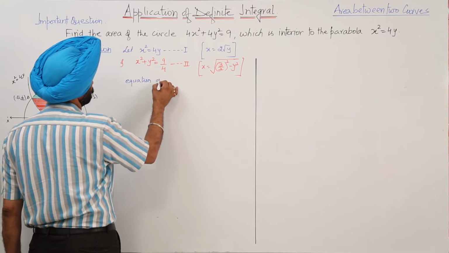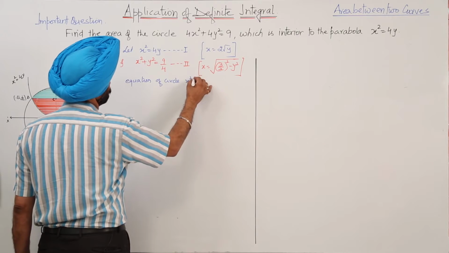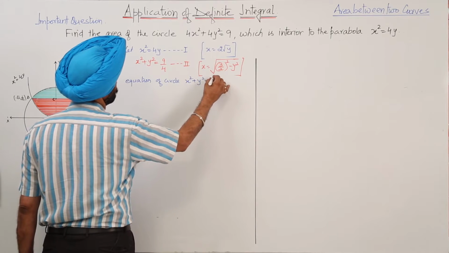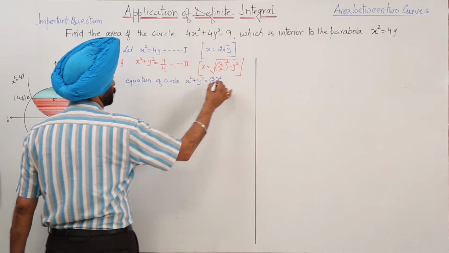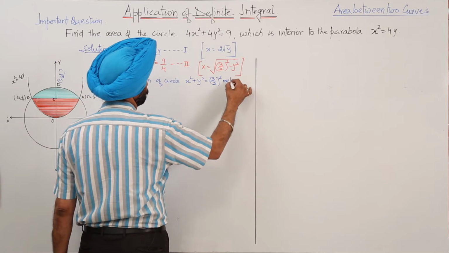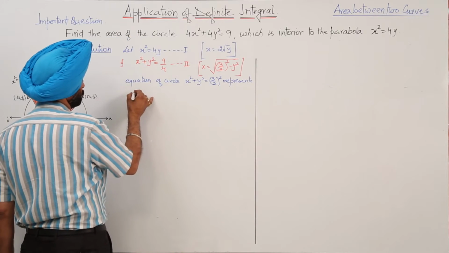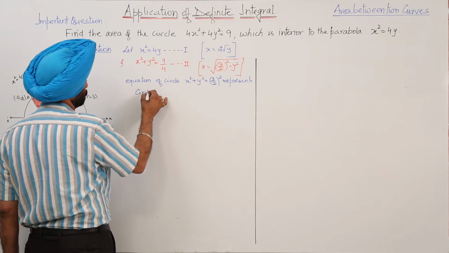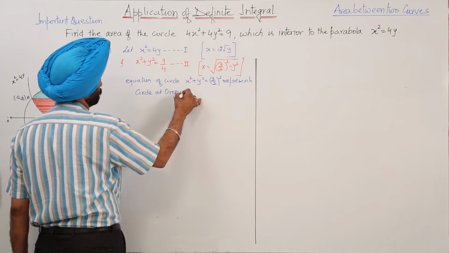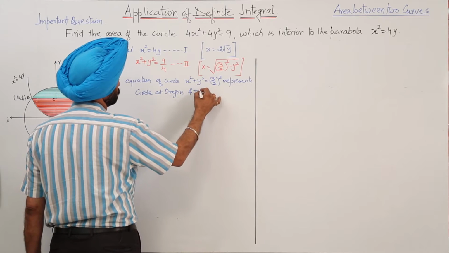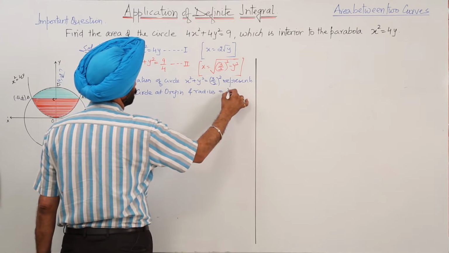Equation of circle x square plus y square is equal to 3 upon 2 whole square represents a circle at origin and radius is equal to 3 upon 2.